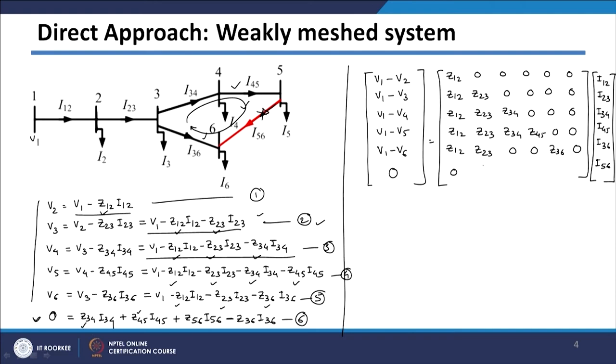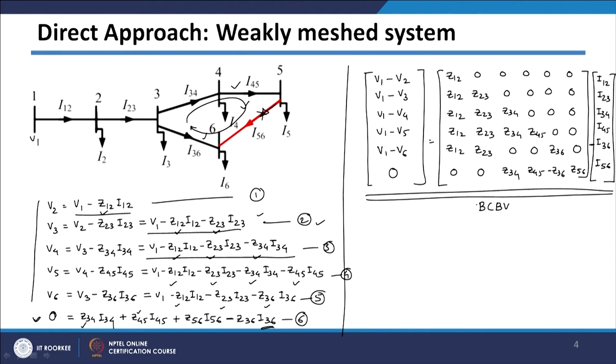So, here Z12 is not there, Z34 we are having, Z45 we are having and Z56 we are having. So, here Z56 is coming, and I36 is getting multiplied with minus Z36.